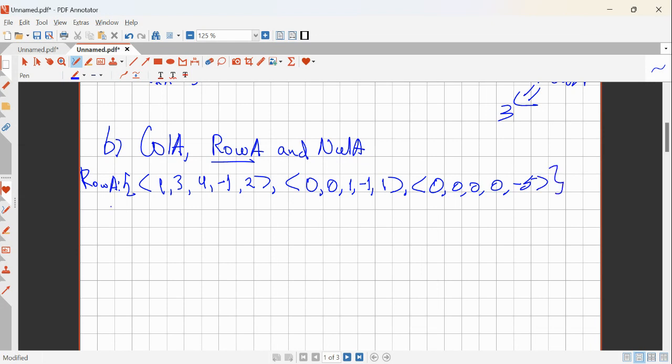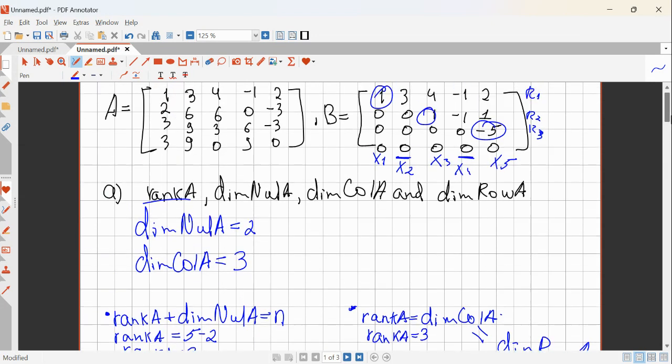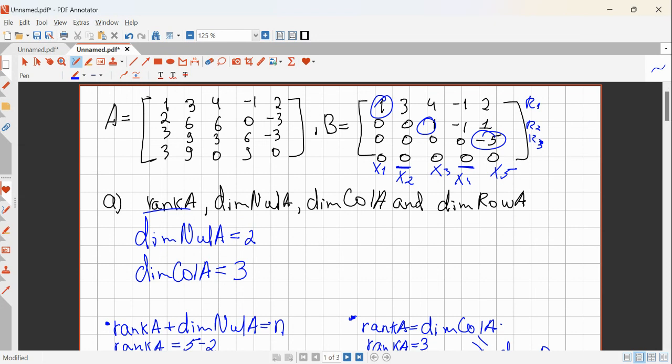What about the column space? There is also a relationship with the dimension of the column space and pivot positions. We have to write the pivot columns as the basis of our column space, which are the first column, the third column, and the fifth column.